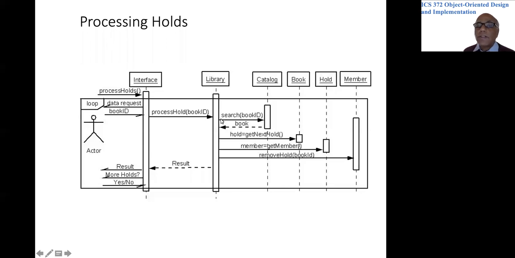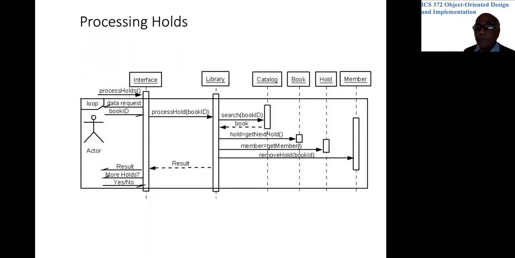As usual, the library verifies that the book exists, gets the book object, because that has to be playing a role. That book object is the central agent here, because if you go to that book object, it can tell you who has the next hold on it. For every book, there is a sequence of holds.